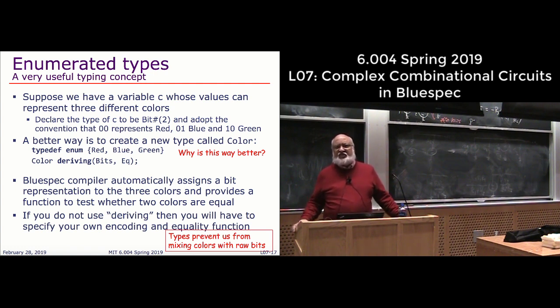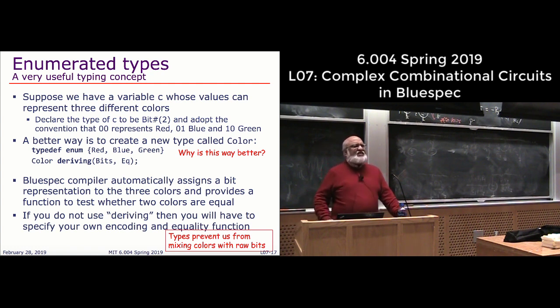You could have written such a function yourself, but the compiler is just being helpful to you, so that's what deriving is. It's saying, I'm giving a new type to you, Mr. Compiler, please give me the bit representation of it and also define the equality on it. And there are many such functions you can define automatically just by writing derive this for me. If you are not using derive, then you would have to give the representations, etc., which I do not recommend.